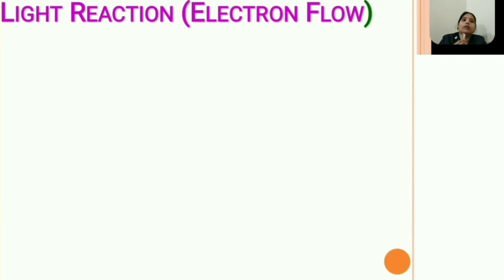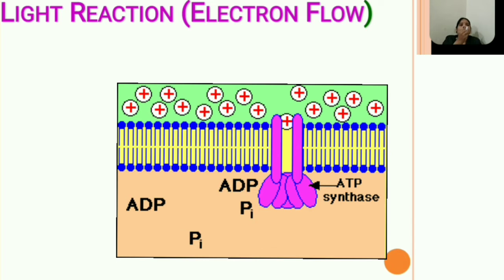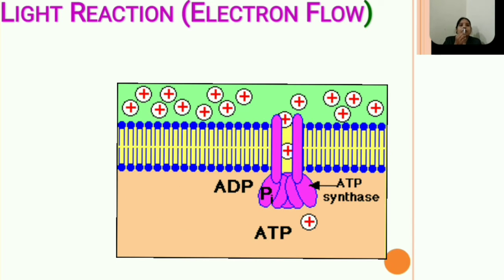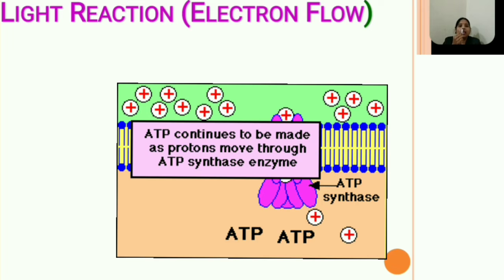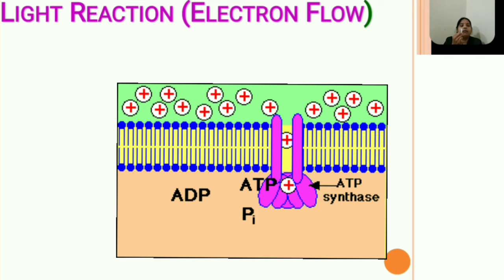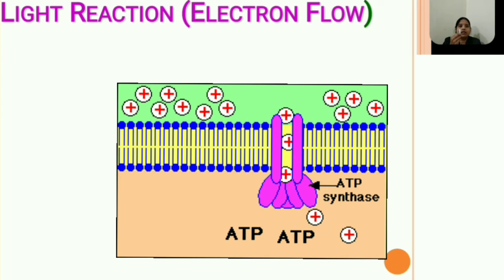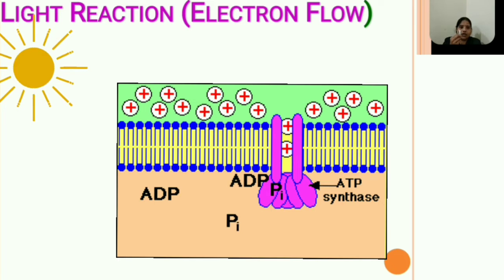First we discuss the light reaction. Photophosphorylation, the formation of ATP in the chloroplast in the presence of light, is known as photophosphorylation.